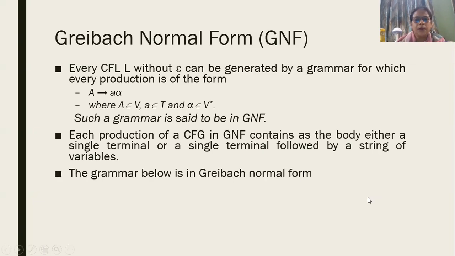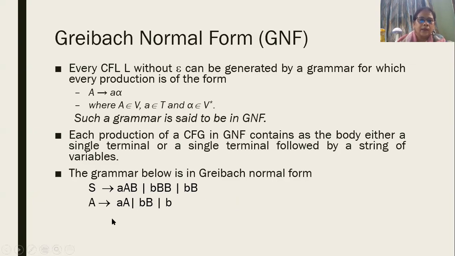Here is an example of a grammar in GNF. S derives aAB, S derives bBB, and S derives bB. Here we see that every production has a single terminal followed by a string of variables. Again, A derives aA, B derives bB, and A derives a.